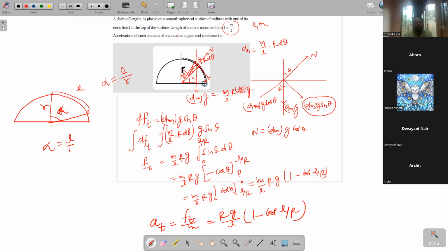Theta equal to L by r, na? That is all. So if we take an element at theta, this theta will vary from 0 to the maximum alpha, because after this there is no change here, na? Understood or not? Yes, sir. Good. Note it down.